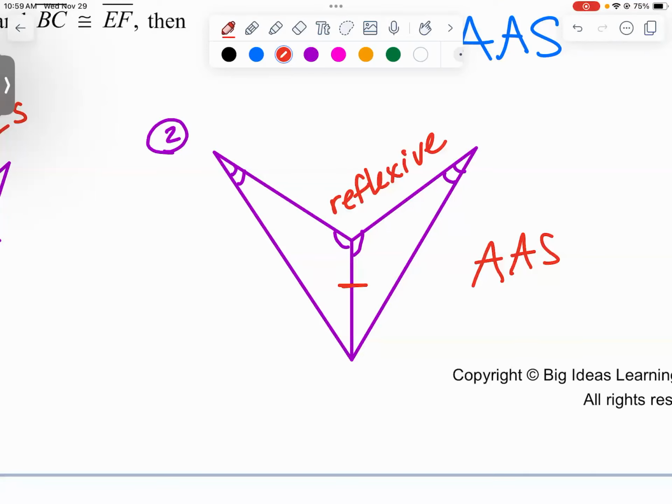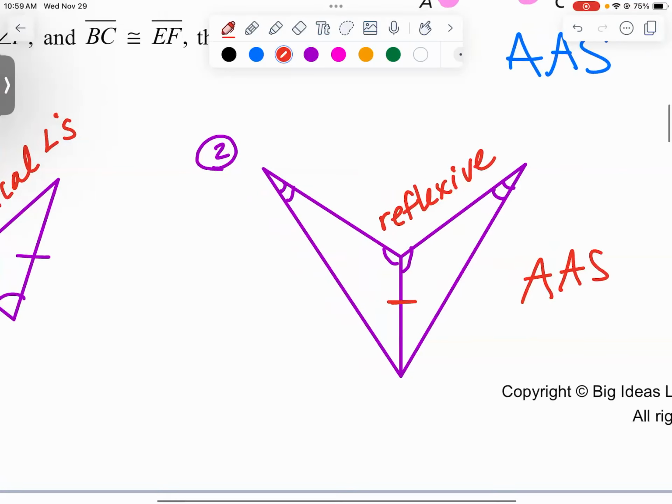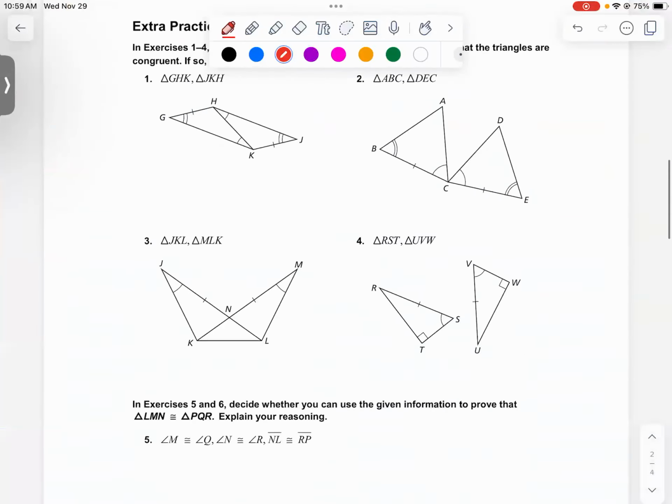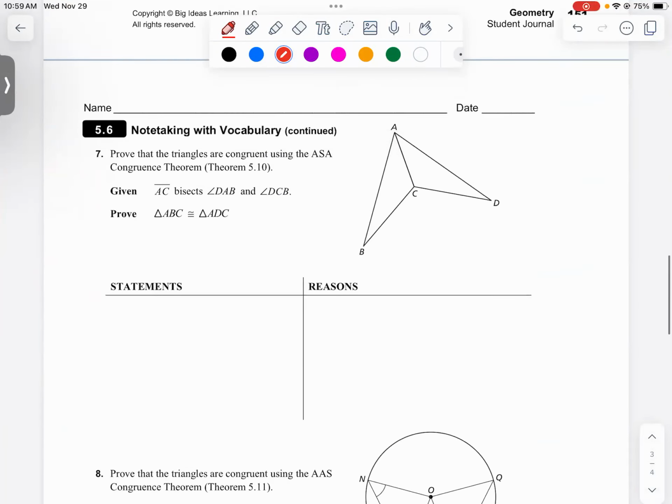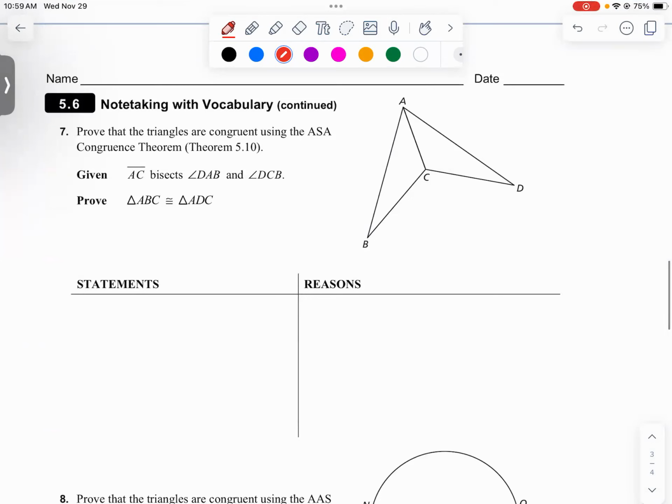All right, we are going to jump two pages ahead.